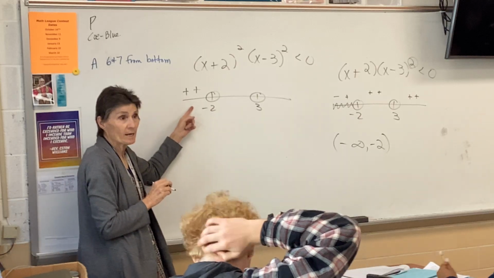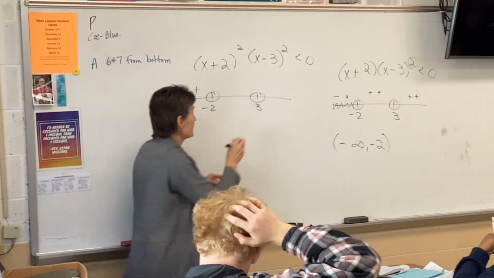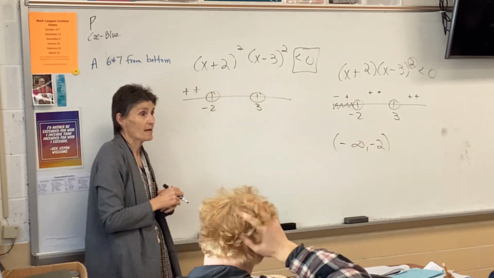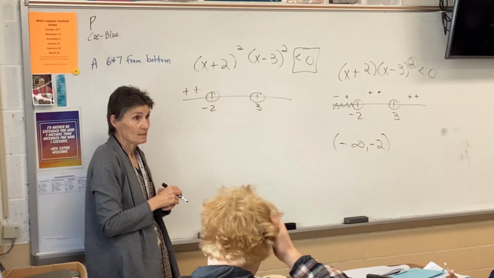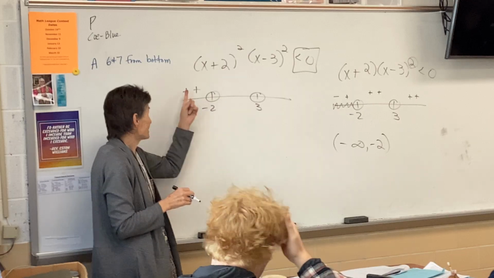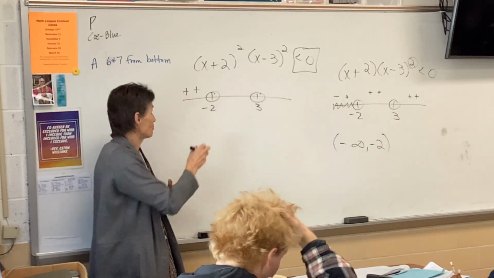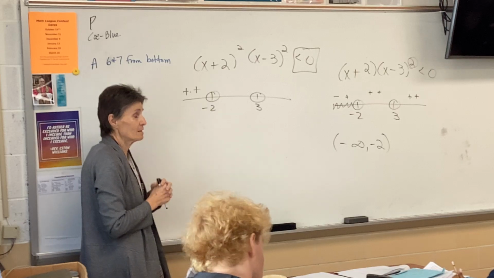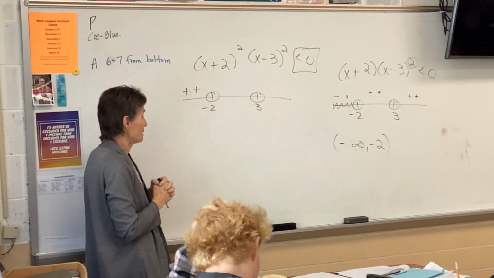Is that going to get shaded? No, because I am looking for answers that are less than 0. And positive times positive, these are factors, multiplied, does not give me less than 0.